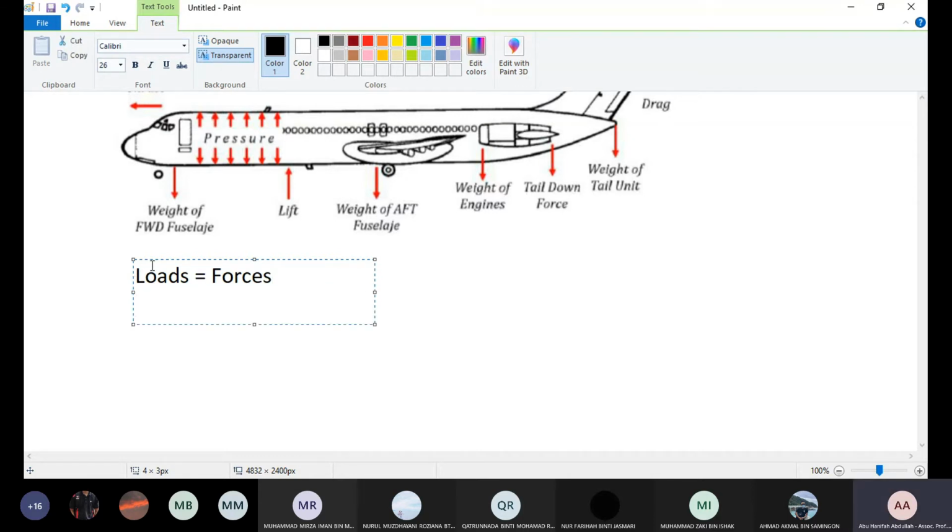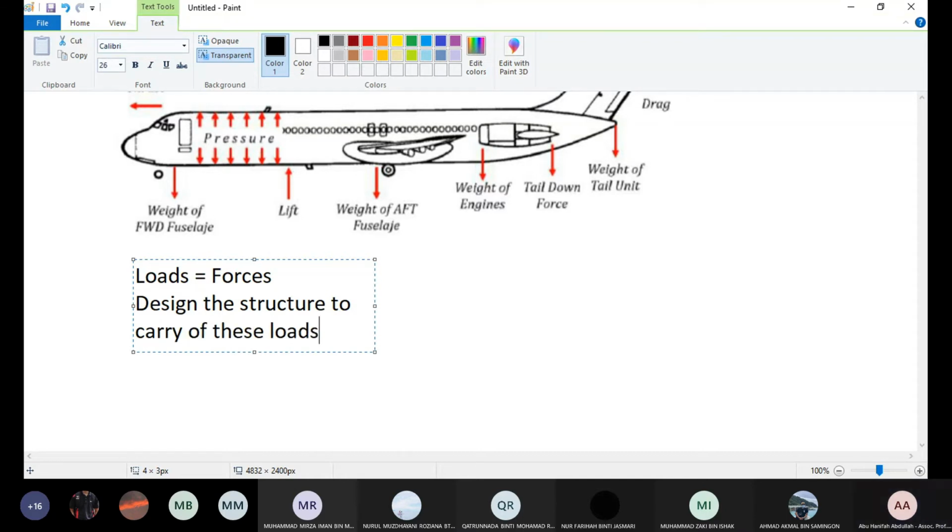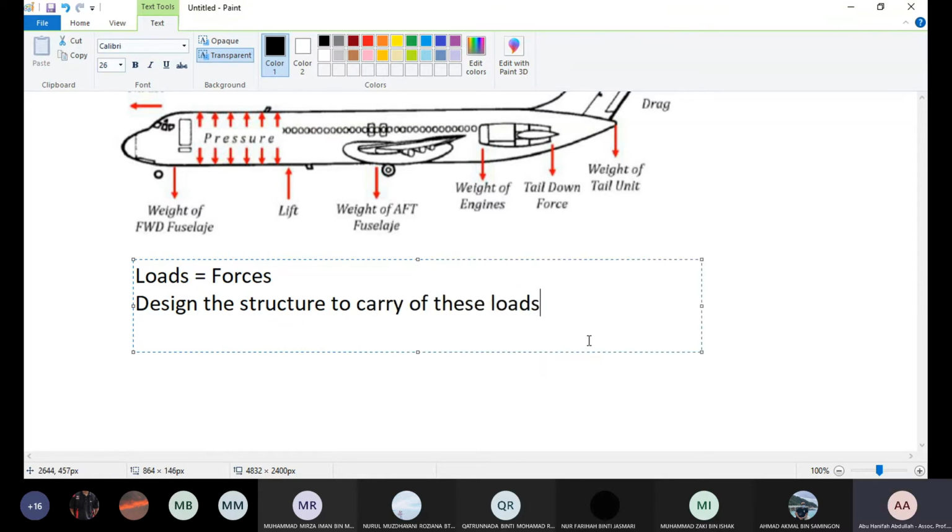And we design the structure to carry all these loads. That's why some universities call it strength of materials.